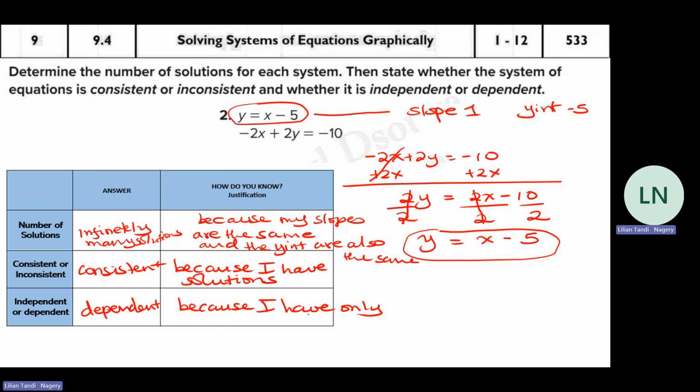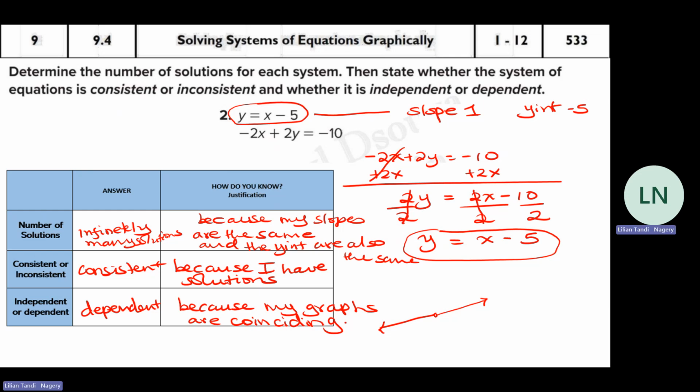Yes, let's write that: because my graphs are coinciding. So what does coinciding mean? You have one line; as in you have two equations, but it makes one line. That's what coinciding lines mean, okay?